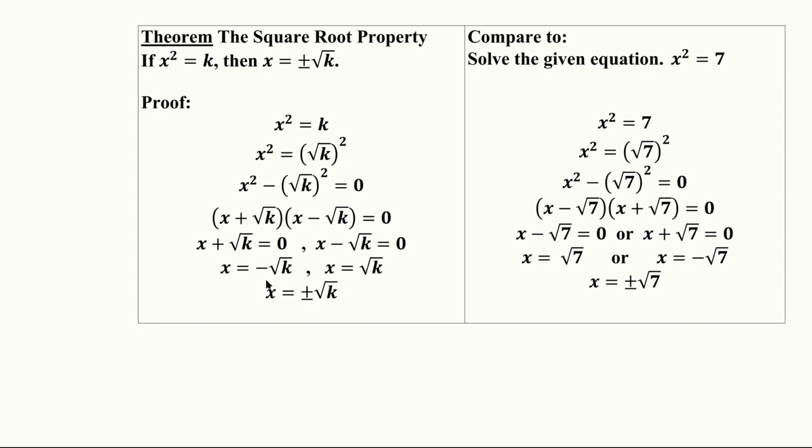All right, but whenever you see this kind of notation, that's actually two solutions you're looking at. In this compact form, they are being written so that we can save some space and time. Otherwise, you're looking at two solutions. So here's the square root property. If x squared equals k, then x equals plus or minus square root of k.